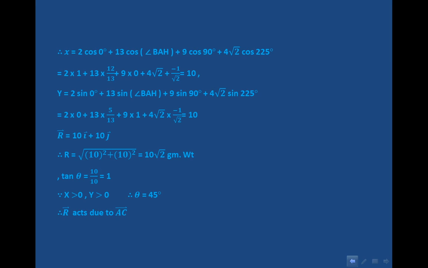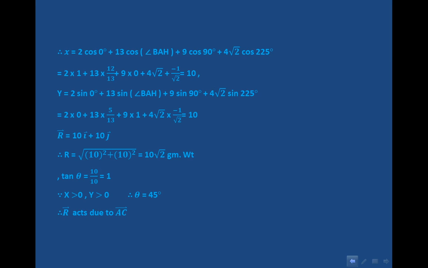Also Y component equals 2 multiplied by sine 0 plus 13 multiplied by sine angle BAH plus 9 sine 90 plus 4 root 2 sine 225. Here R as a vector can be written as 10i plus 10j. Therefore, the resultant equals the square root of 10 squared plus 10 squared equals 10 root 2 gram weight.